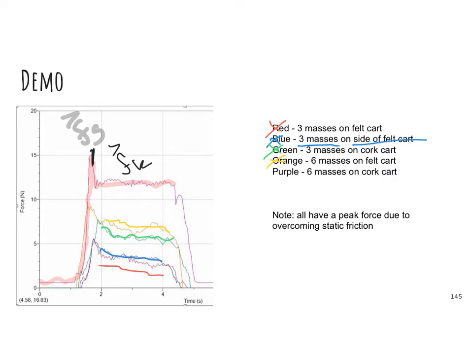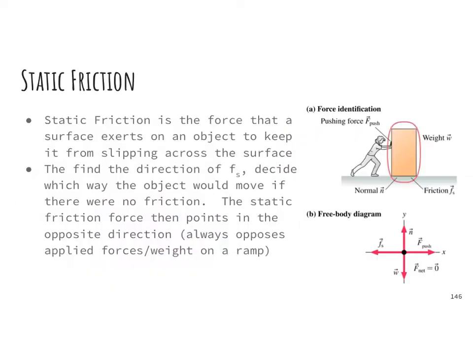So if I have more mass, I also undergo more friction. That kind of makes sense too, right? Because I'm pushing down on the surface harder. And then finally, in purple, I have 6 masses on a cork cart. We see that as the highest amount of force needed to get this thing in motion, because it has the most mass and the roughest surface. So we'll see that in class, and hopefully we'll be able to build some connections with that.